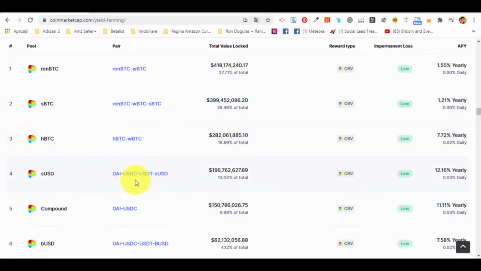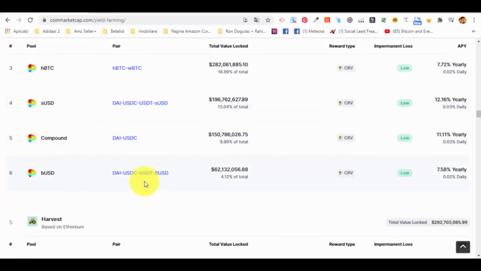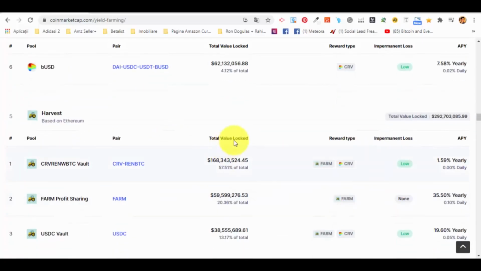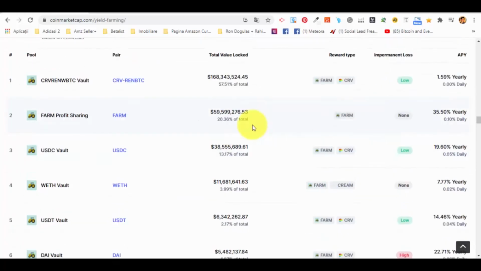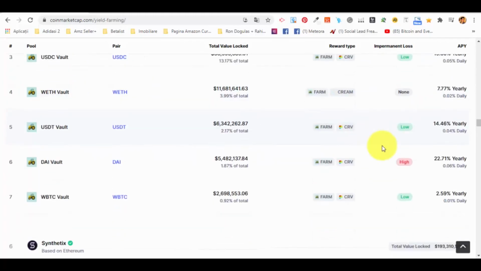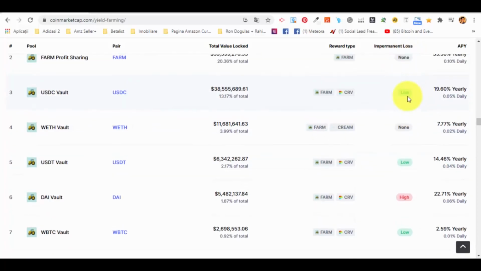So people put here a pair of 2 tokens. Then we have Harvest, which again is pretty good. It has low impermanent loss risk, and also has good returns in some cases, like this one.